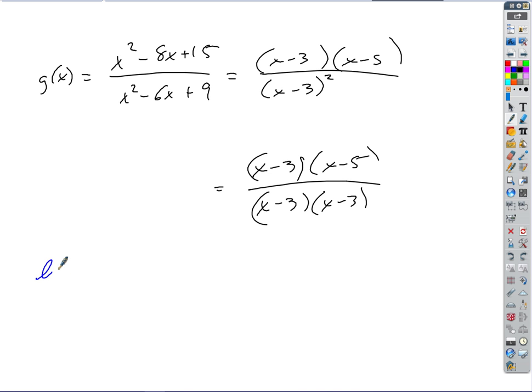So the limit of g of x as x approaches 3, if I try to evaluate directly, what am I going to get? 0 over 0, right? What's 0 over 0 mean in terms of a limit? More work, right? It's indeterminate. Well, what could I do to resolve the indeterminacy? Get rid of top and bottom factors.